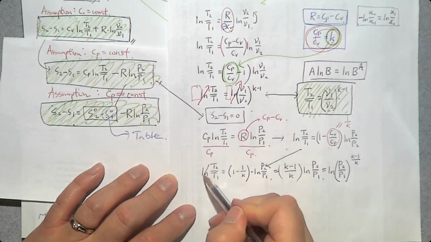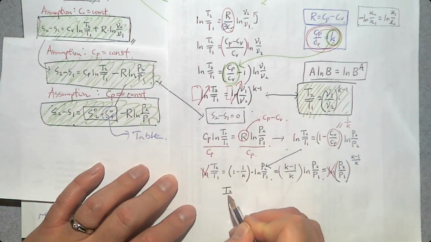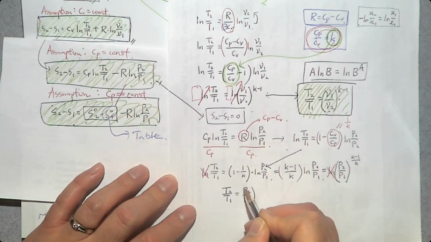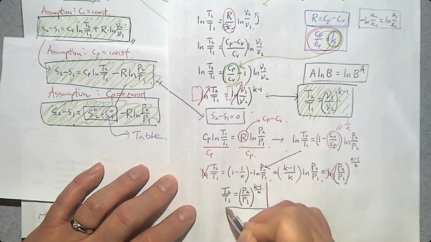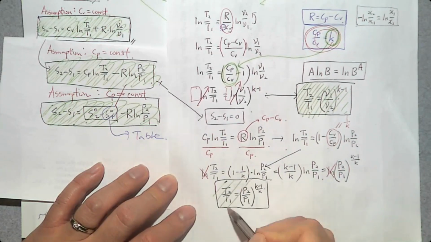Now, can you get rid of this natural log? Yes. Then what is the relation? T2 over T1 is going to be P2 over P1 to the power kappa minus 1 over kappa. That is the relation between temperature and pressure.